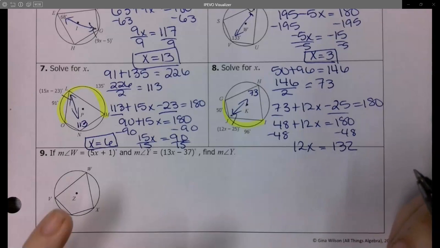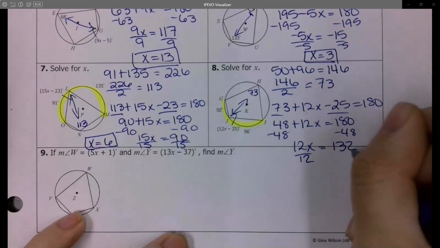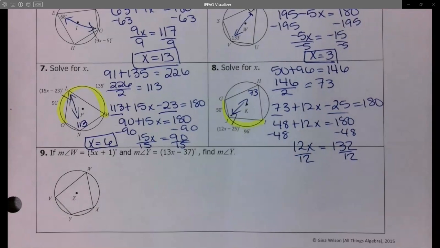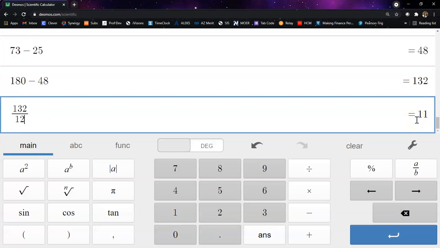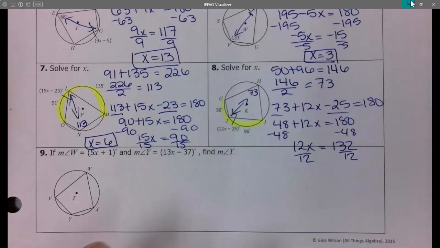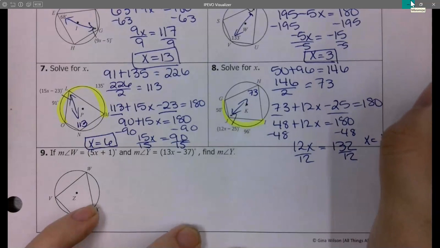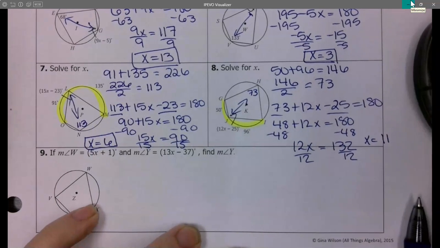Then I can go ahead and divide both sides by 12, which gets me 11. That should be the answer.